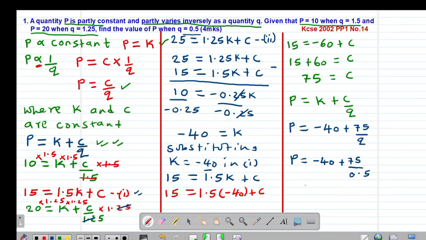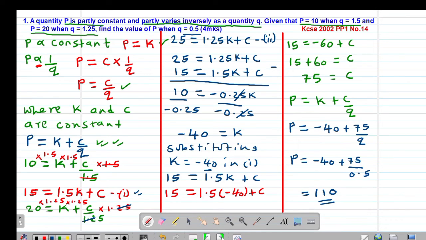So if I feed this on my calculator, if I take negative 40 plus 75, then divided by 0.5, I'm going to get 110. So it means that when the value of q is 0.5, the value of p will be 110.